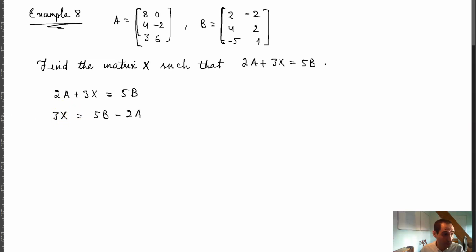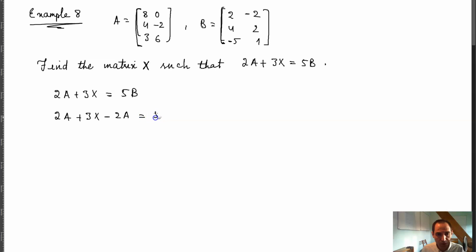or let me write the steps the way that they have written it over here. So since you have 2A plus 3X is equal to 5B, then you can write it as, for example, 2A plus 3X minus 2A, and that gives you a zero matrix, of course, right?